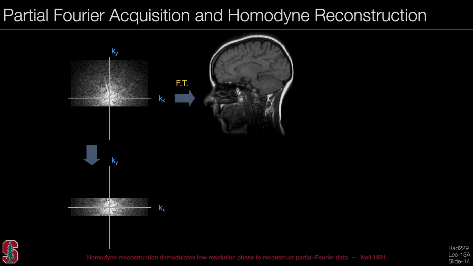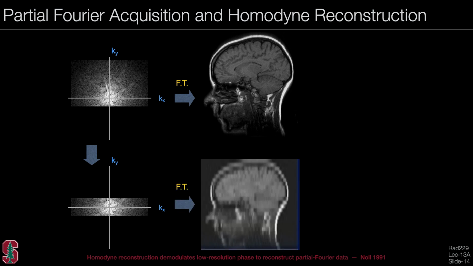We take the Fourier transform of the actual sampled data, and this gives us an image that is slightly blurred. We take the Fourier transform of the low resolution data, and this gives us a low resolution image. Now we can take the conjugate phase of the low resolution image and use it to demodulate the phase from the top image.